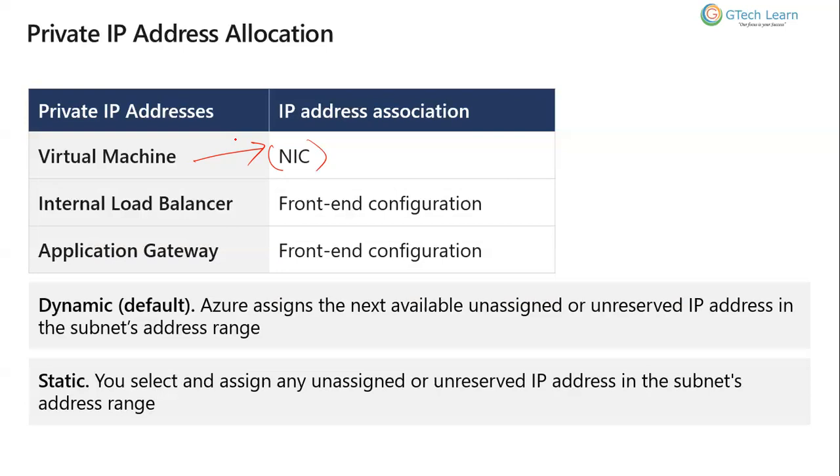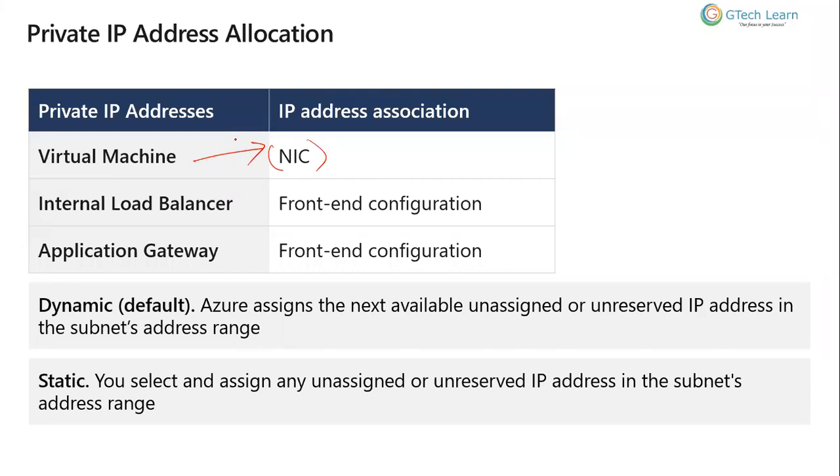If I'm talking about the private IP address allocation type, there are two different types available. The first one is dynamic, and the next one is static. By default, dynamic is selected when we are choosing the private IP allocation. That will assign the next available, unassigned, or unreserved IP address in the subnet address range.